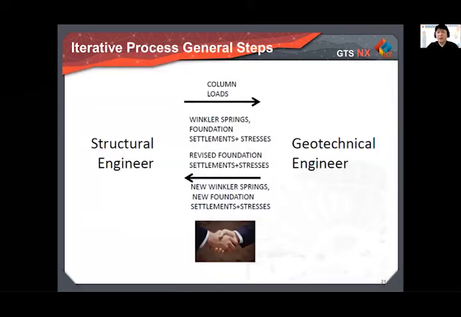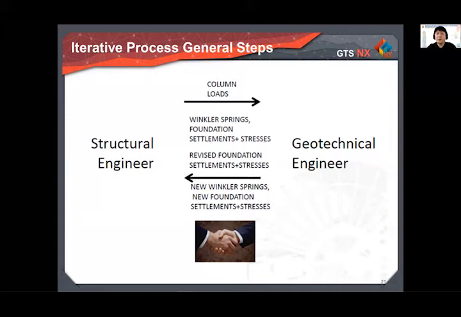So to quickly describe the iterative process between the structural engineer and the geotechnical engineer: the structural engineer provides the column loads to the geotechnical engineer, who has already developed a model of the foundation and the soil. The geotechnical engineer evaluates the foundation settlement and the stress and provides the structural engineer with Winkler springs or soil springs.